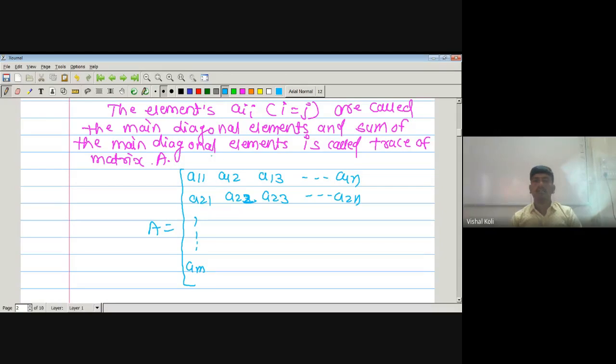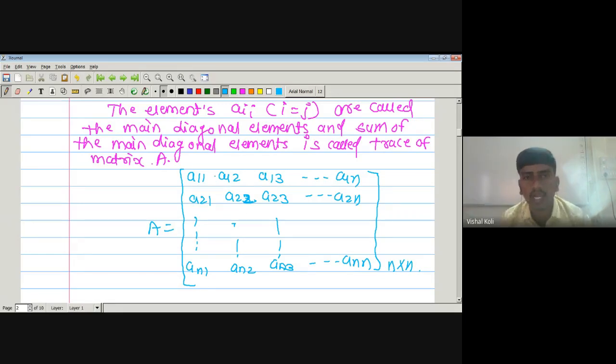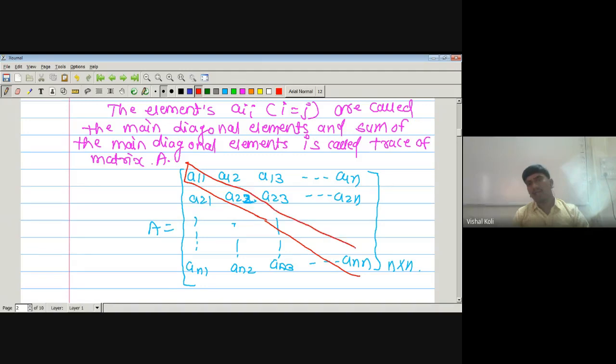As here we have to take the square matrix only, therefore m is nothing but n, therefore this last row is an1, an2, an3, and up to ann. Here m is equal to n, since it will be a square matrix, n by n. So these elements are on the main diagonal line. These elements are called the diagonal elements, and its sum is nothing but the trace of A.